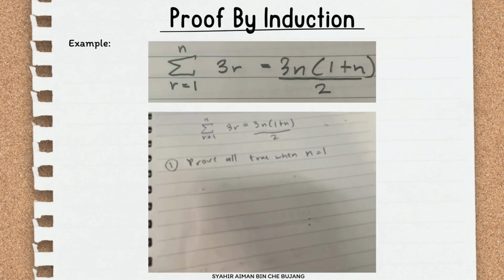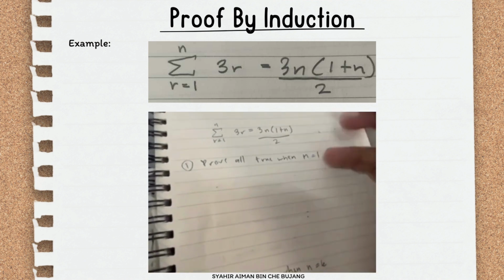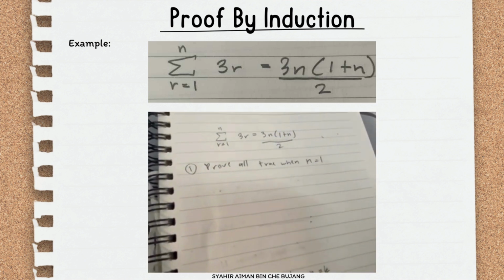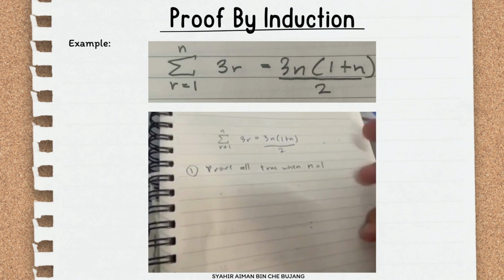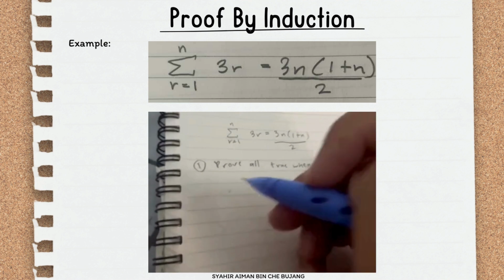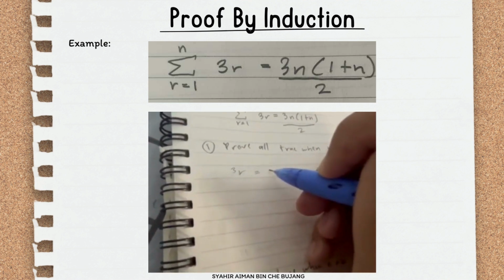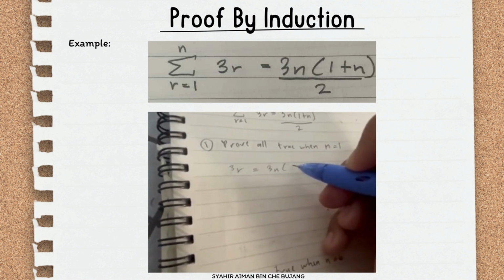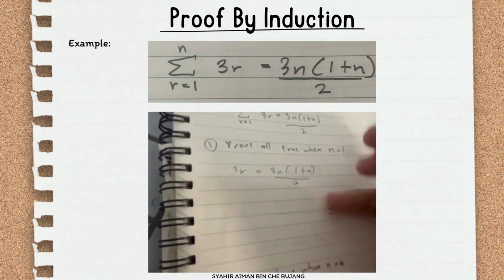Okay, proof by induction. There are three steps. The first step is to prove it is true when n equals 1. So we take the statement and convert n to 1. 3r equals 3 times (1 plus n) over 2.